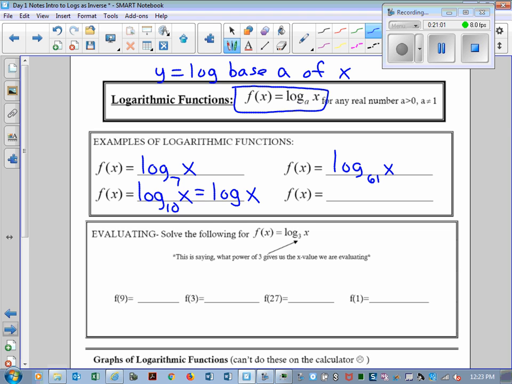Now, there's a special one. Here we go, log base e of x. There's that lovely e. They will never, well, I can't say never. Occasionally they might write that, but what they call it is an ln. This is called the natural log.